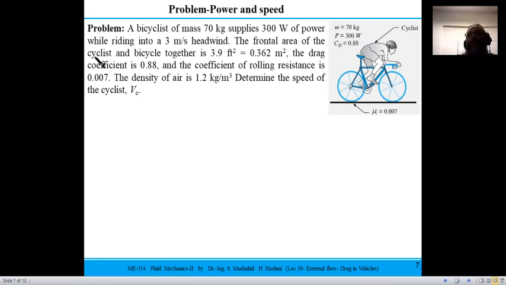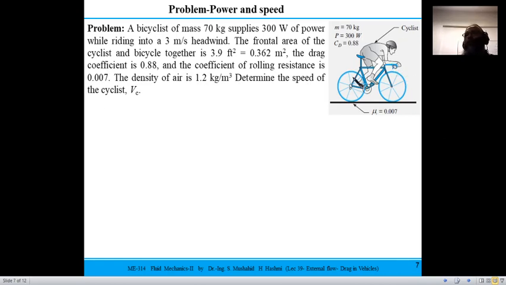The frontal area of the cyclist and the bicycle is given as 3.9 square feet, so in square meters it would be 0.362 m². The drag coefficient given here is 0.88, the coefficient of rolling resistance is 0.0007, and the density of air is 1.2. We have to find the speed of the cyclist.